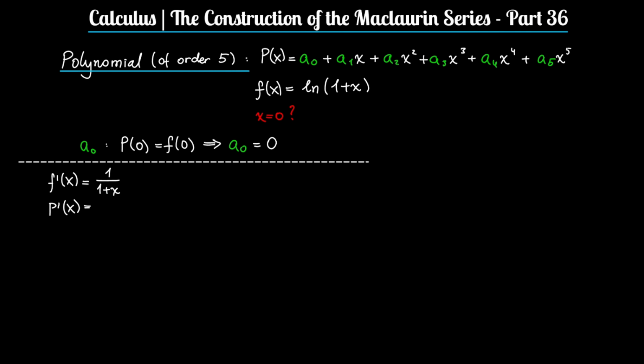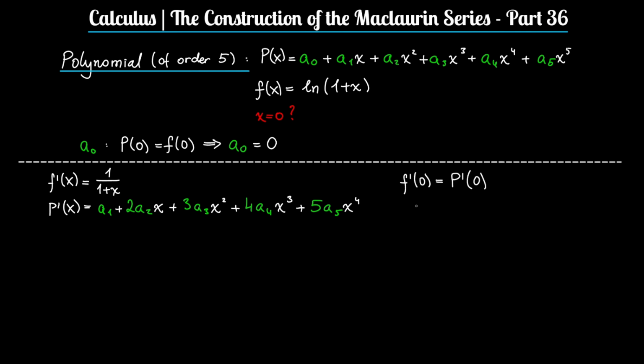For the polynomial, the a0 vanishes, and what we have left is a1 plus 2 times a2x plus 3 times a3x squared, and so on. And once again, in order to match the polynomial to our function, what I have to do is plug in 0 into the derivative of the function and plug in 0 into the derivative of the polynomial and equate them to each other to find the value of a1.